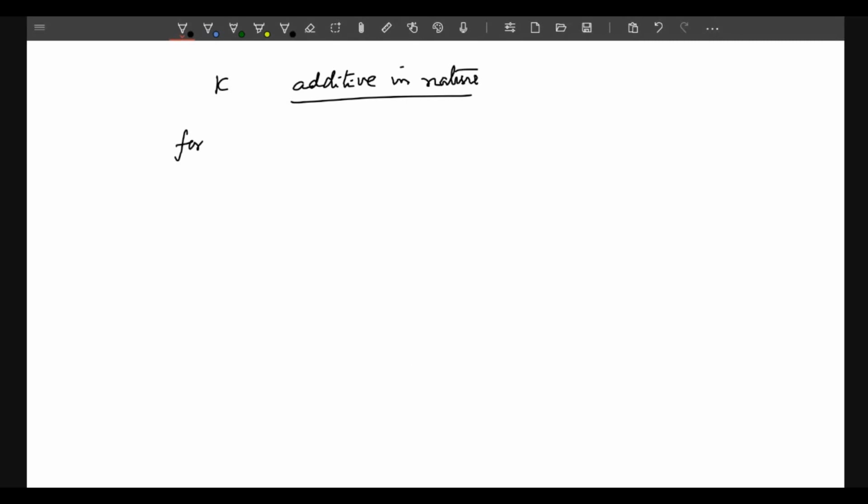For a strong electrolyte, when you dissolve it, the kappa of the solution is equal to the specific conductance of the salt plus the specific conductance of the solvent. If you dissolve it in water, it is kappa of the water. The salt specific conductance and the water specific conductance, the summation gives you the specific conductance of the solution.